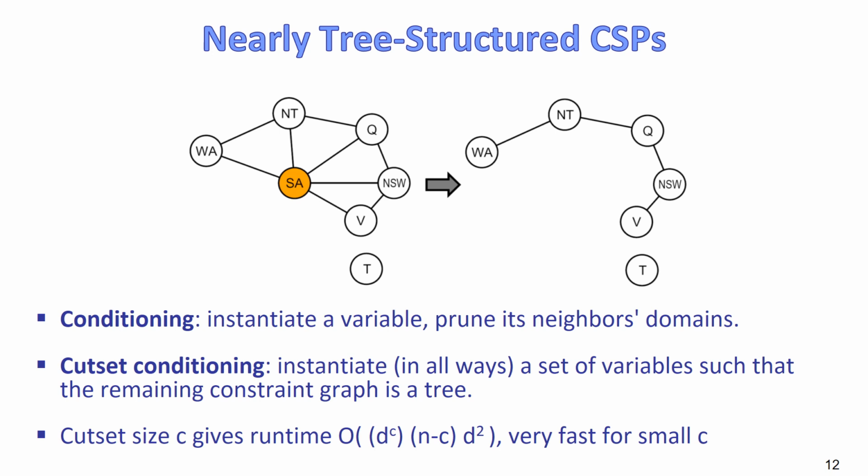Then for each, we solve it using the algorithm that we saw last time, which takes n squared d squared, but n here is n minus c because we already excluded c variables. For small values of c, this is very fast, compared of course with the general solution, which is d to the power n.